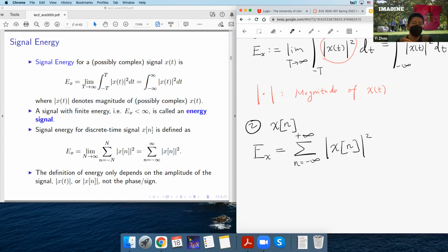The magnitude is not the real part of a complex signal. Many students, when they first learn about this concept, always mix this with the real part of the signal. The magnitude is not the real part.